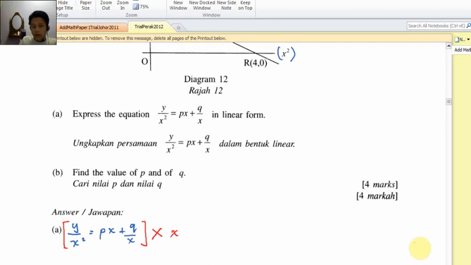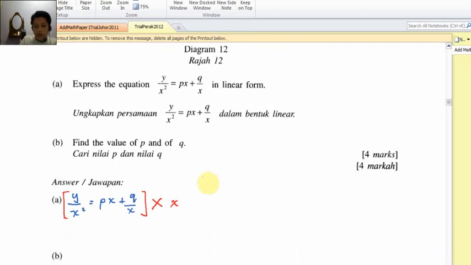Multiply that with x. So what happened? On the left, y over x squared times x, so that is left with y over x equal to px times x becomes px squared plus q, because q over x times x, you leave with q only.